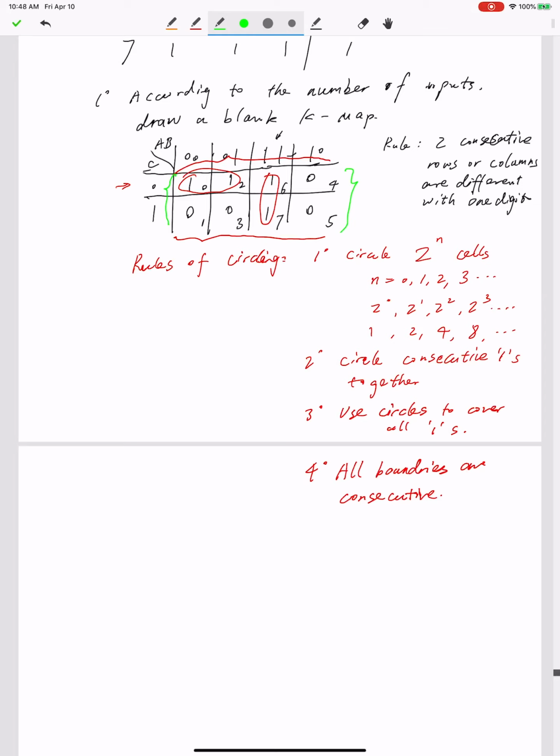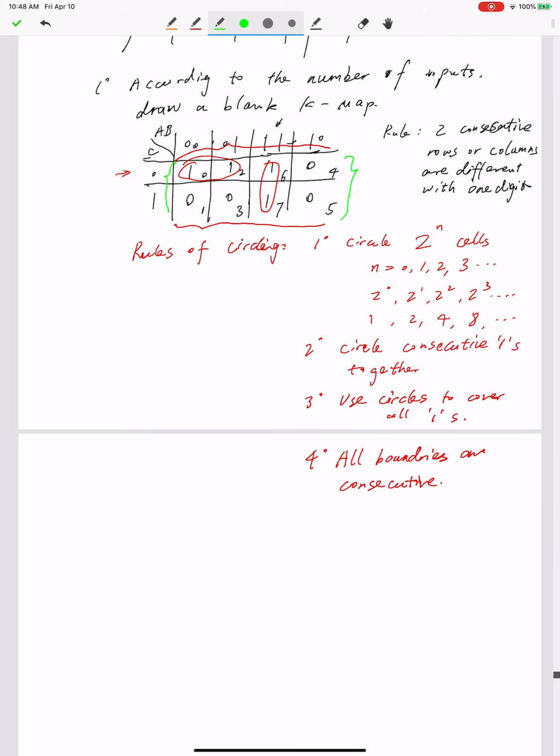If you roll a paper as a cylinder, then the two edges are touching together. And we can roll the paper in 2 different directions, vertical or horizontal. Then the corresponding 2 boundaries or edges are touching together. That is exactly how we understand rule number 4. You can imagine the kernel map as a piece of paper. These are the 4 rules that we should follow in the circling.